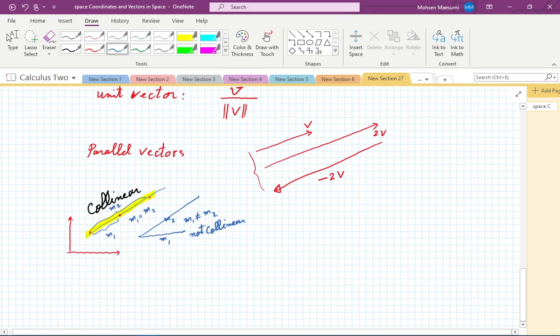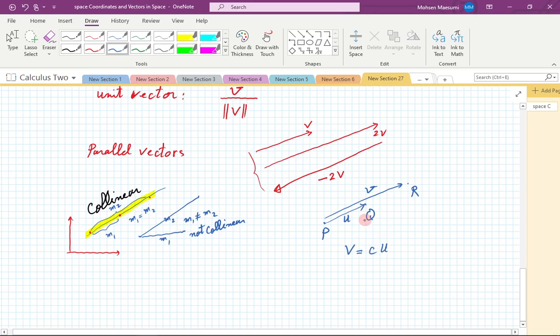You can apply the same idea in 3 dimensions. If I have points P, Q and R, in 3 dimensions it's very hard to see if they are collinear or not. So I can consider a vector PQ, let's call it U, and then PR, let's call it V. The 3 points are going to be collinear if one of these vectors is some multiple of the other vector.